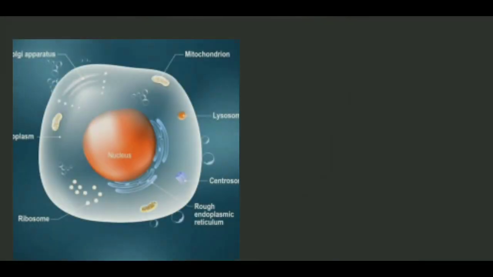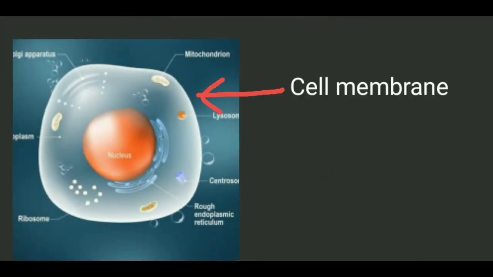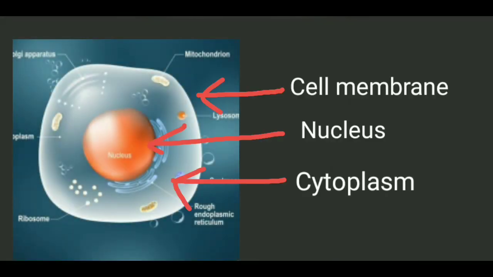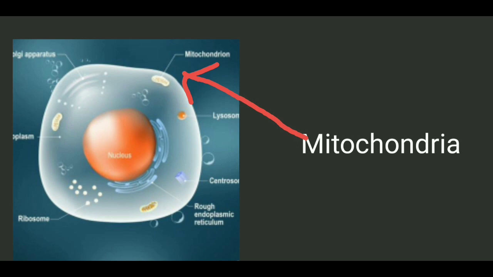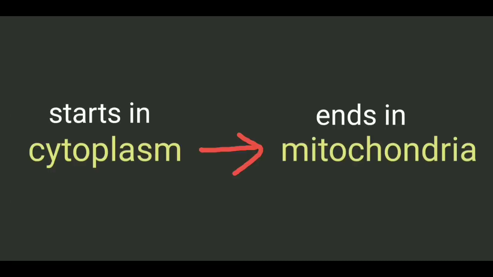And if you remember the structure, you will see in the diagram here that the cell has a cell membrane, a nucleus, and a cytoplasm, and in the cytoplasm there are various organelles. So in which of these organelles is cellular respiration taking place? It is taking place in the mitochondria. So this process of cellular respiration starts in the cytoplasm and ends in the mitochondria. So the entire process is called cellular respiration.